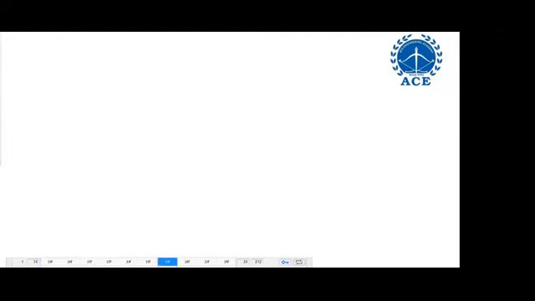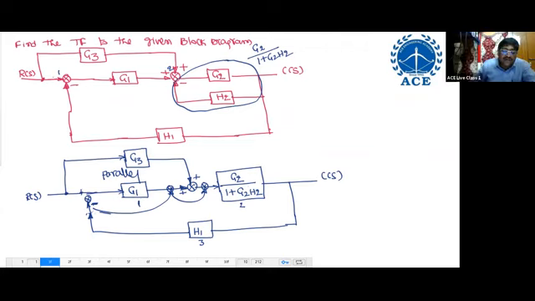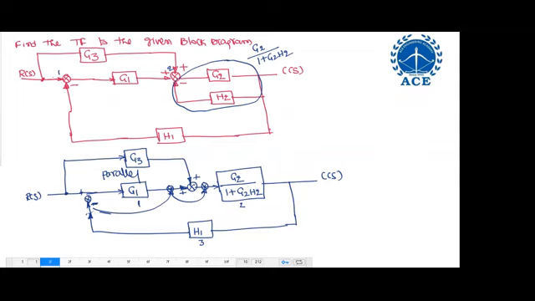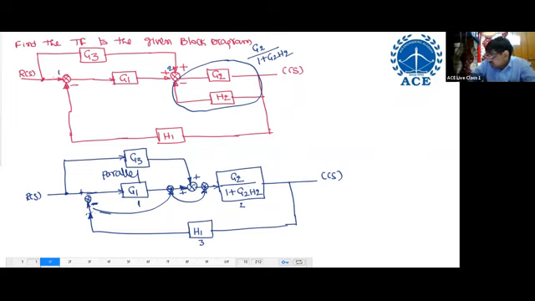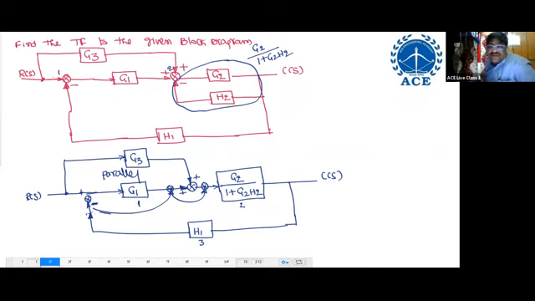Sir, if we interchange the feedback signals of a summing point and takeoff point, we get multiplication, sir. No. Never interchange a summing point and takeoff point. If you interchange, an additional summing point you have to consider. I told you in last day's class.